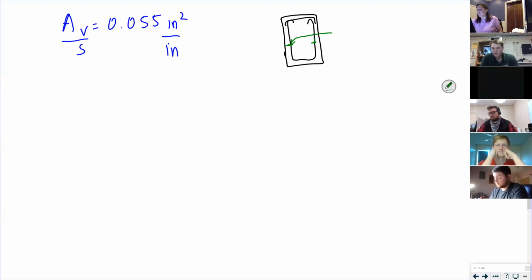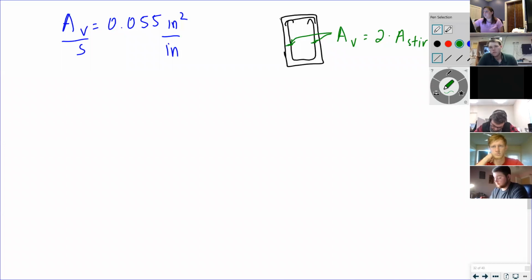Av is 2 times the area of the stirrup, because both legs are resisting shear. If I had a third bar of the same size in there, then it would be 3 times.